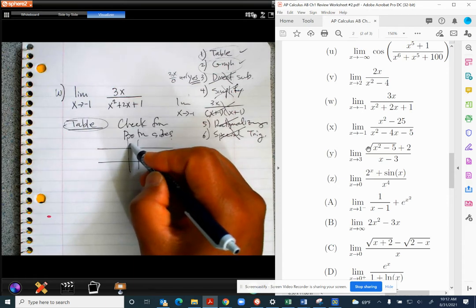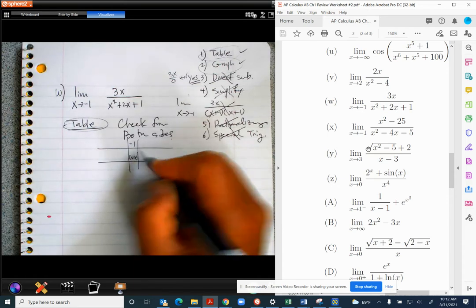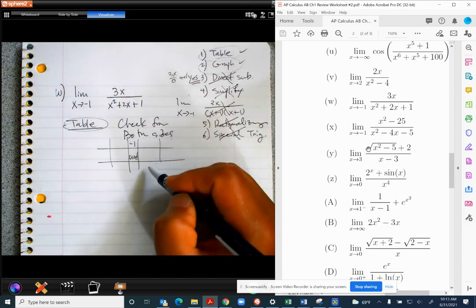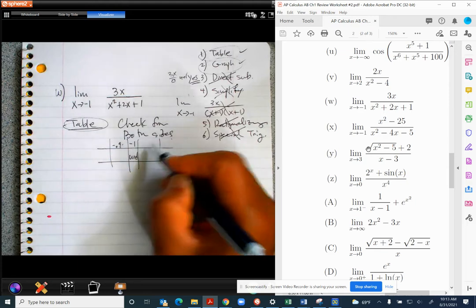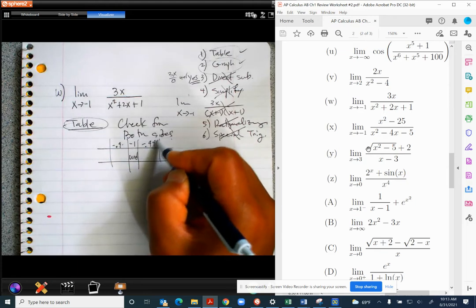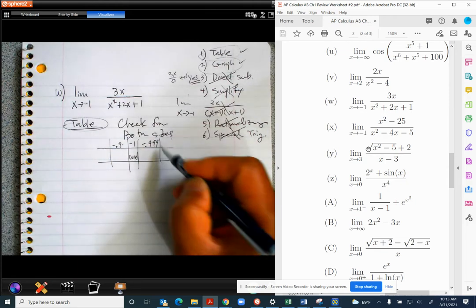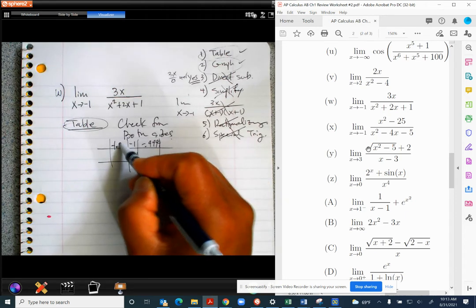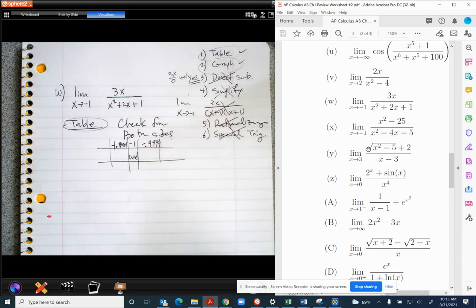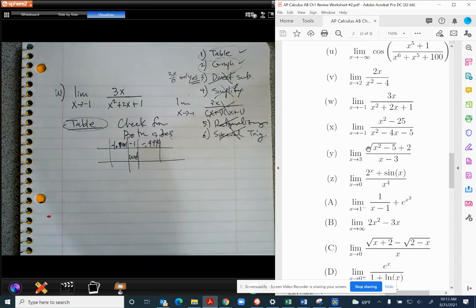When I use -1, it's undefined. So what numbers am I supposed to use? -0.9, -0.999, okay? Or what number should I use on this one? -1.0001, right? So someone help me with this.